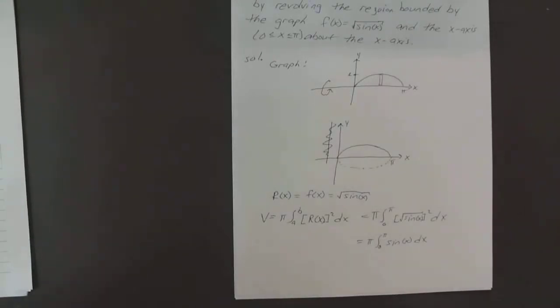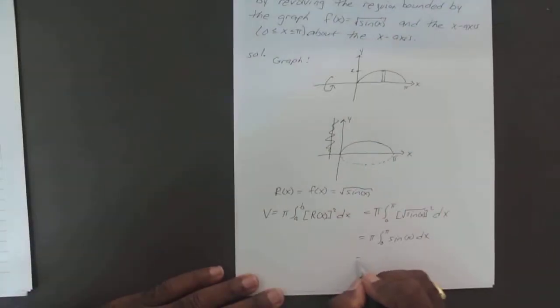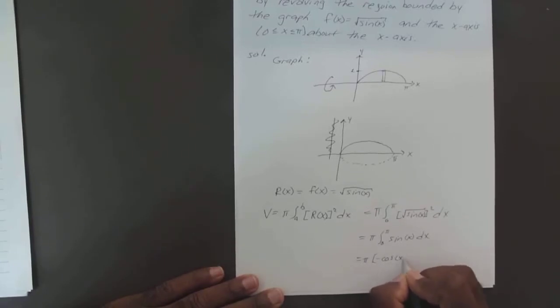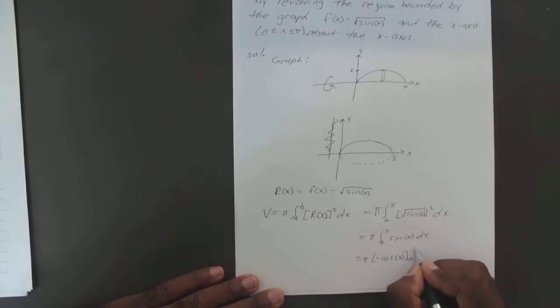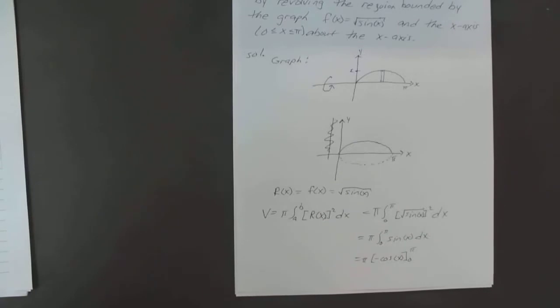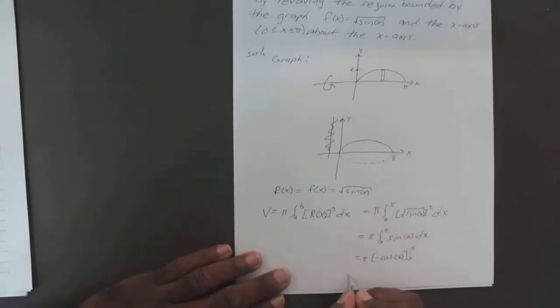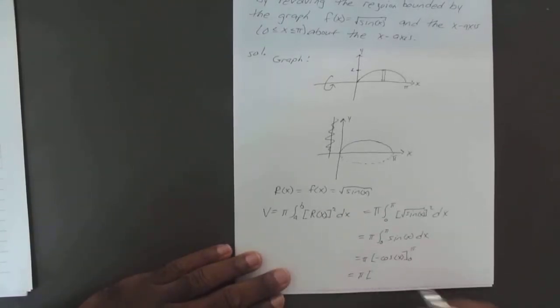So pi times the integral from 0 to pi of sine of x dx. Okay. So the integral of sine is just negative cosine, from 0 to pi.